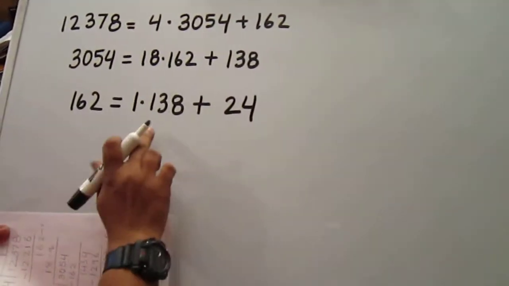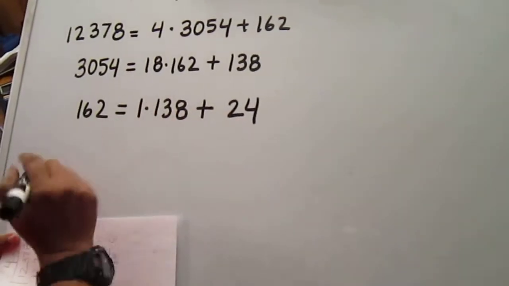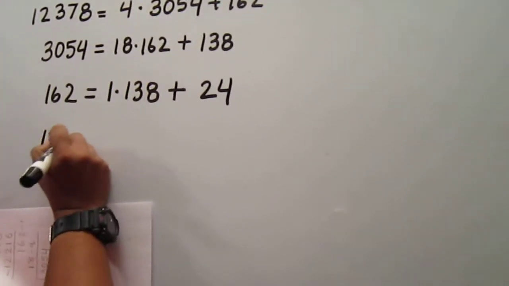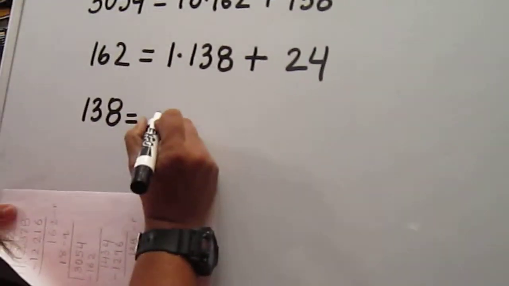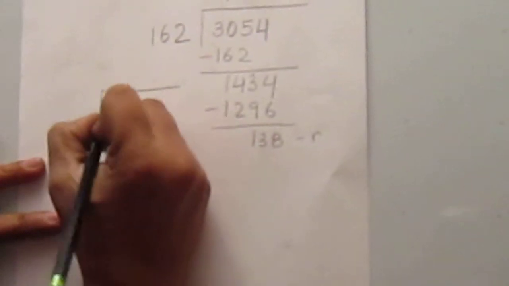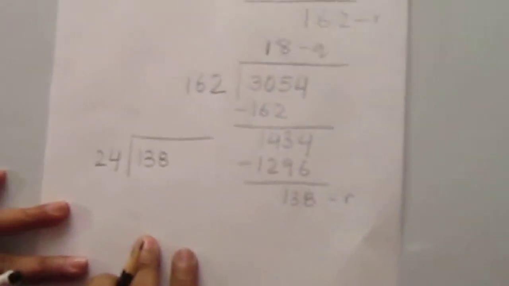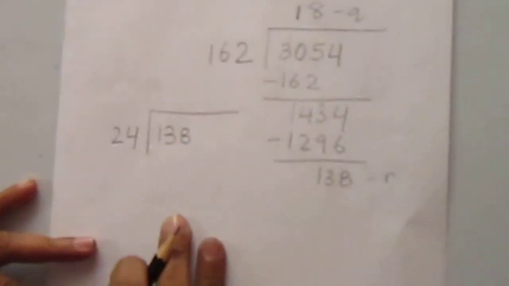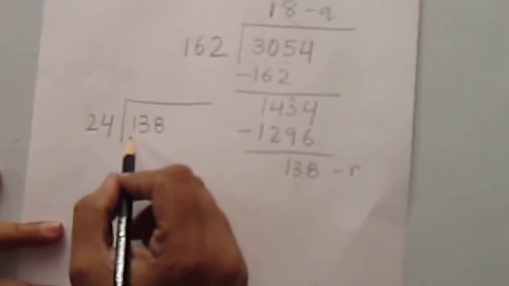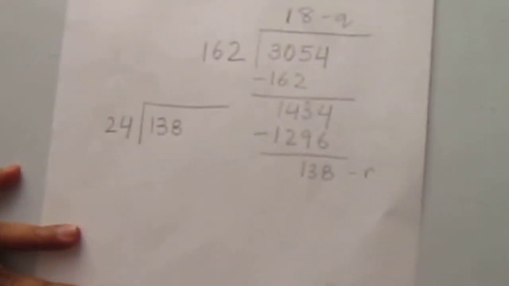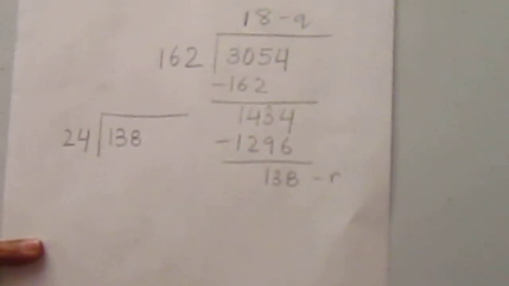The next step is to divide 138 by 24. 24 times 5 is 120.